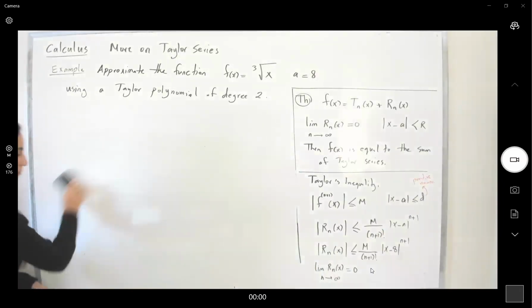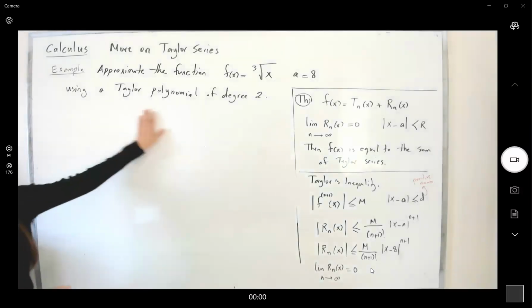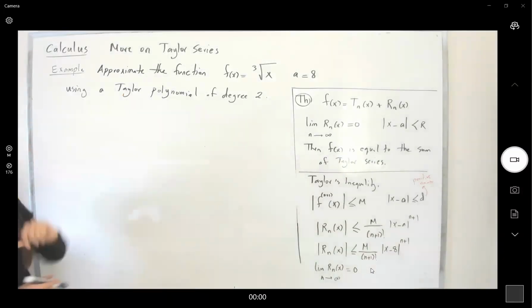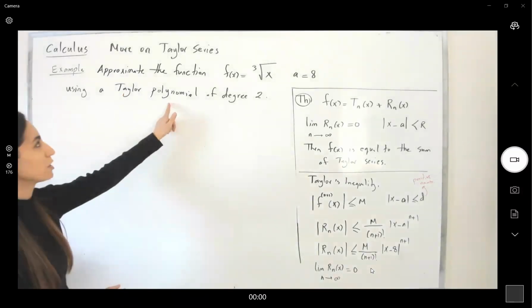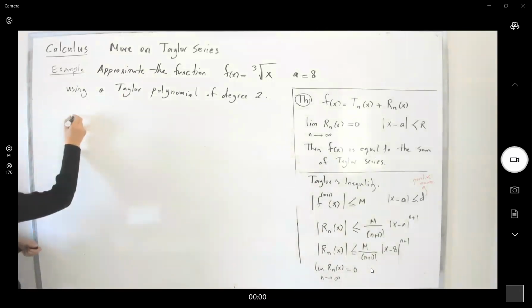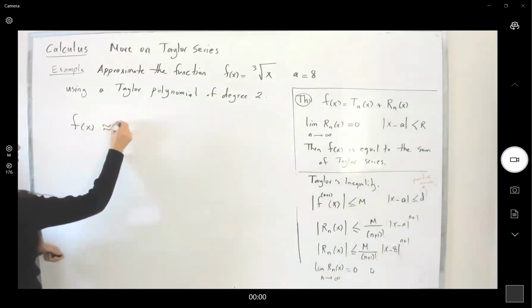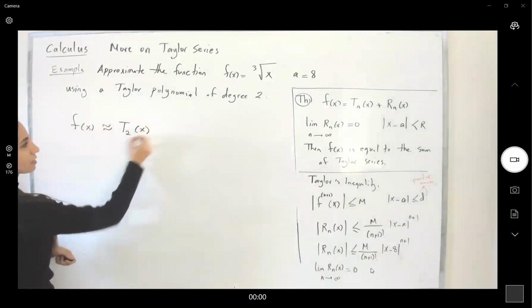Okay, perfect. Now let us get back to our question. Our question says, approximate the function by Taylor's polynomial of degree 2. f(x) can be approximated by T_2(x).